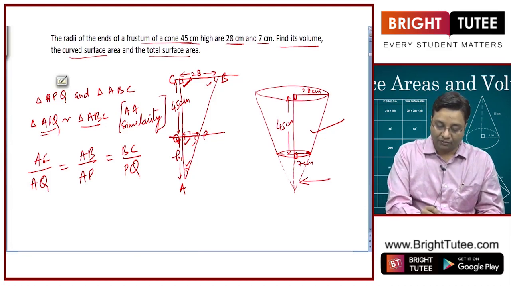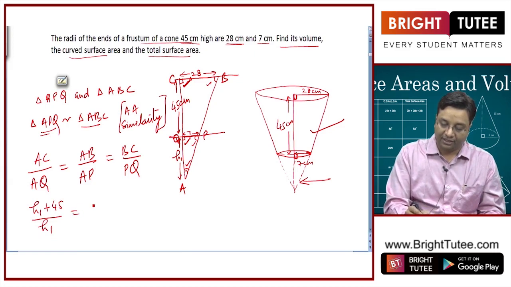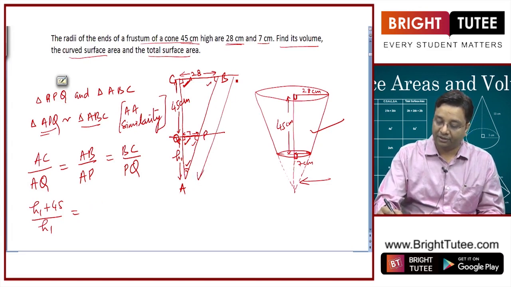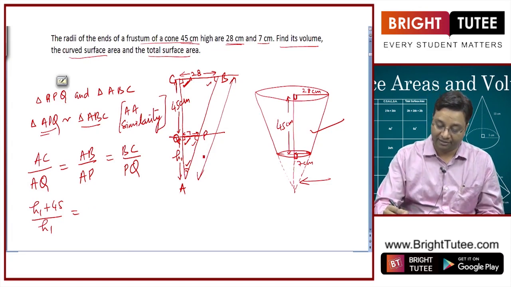So what is AC? AC is H1 plus 45. What is AQ? AQ is H1. It is equal to AB, which we need to calculate when we will be calculating the surface area. We will deal with this AB.